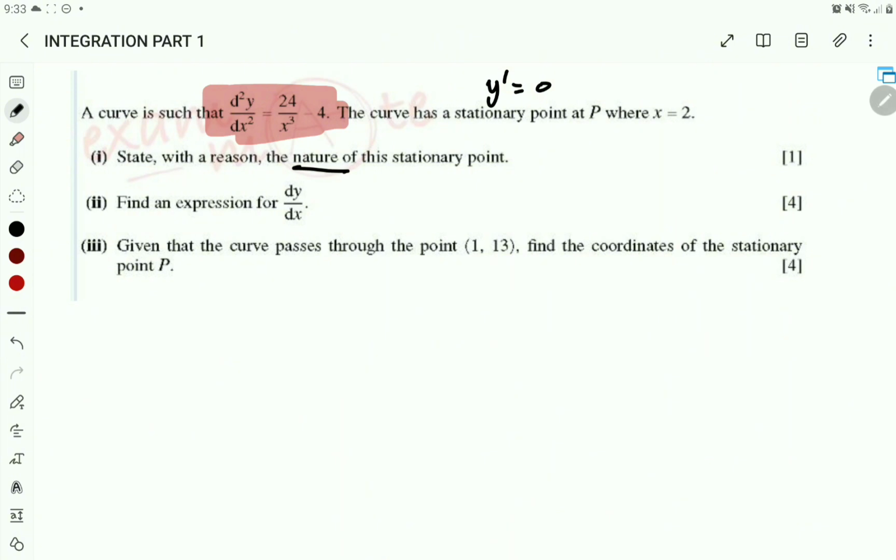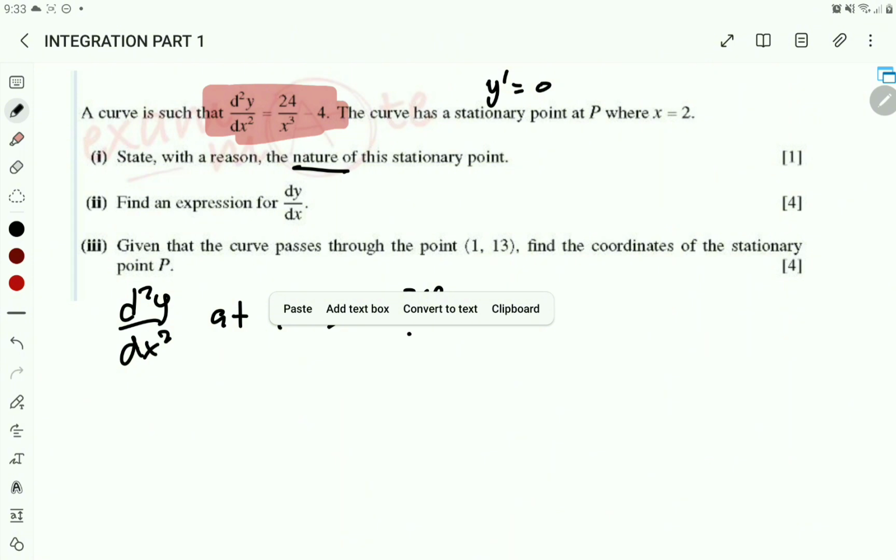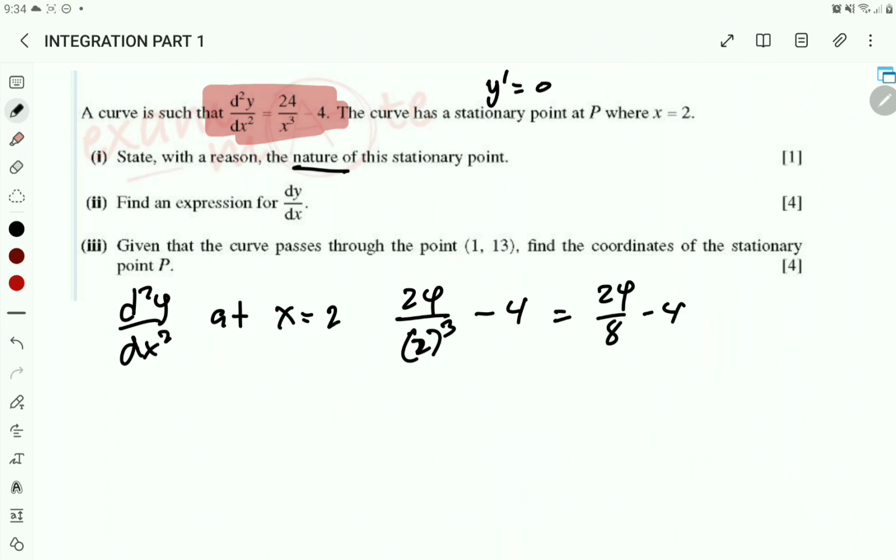So how you're going to do that is that you take the second derivative value at the stationary point, at x equals 2. So that will be 24 over x cubed minus 4, which is 24 over 2 cubed minus 4. So 24 over 8 minus 4, 24 over 8 is 3, minus 4, that's equal to negative 1.